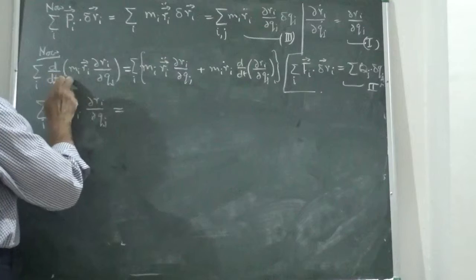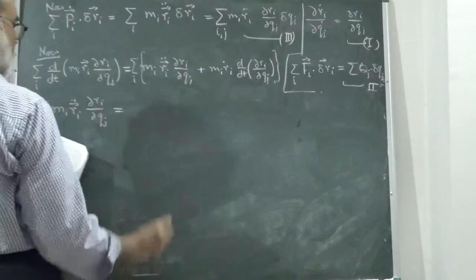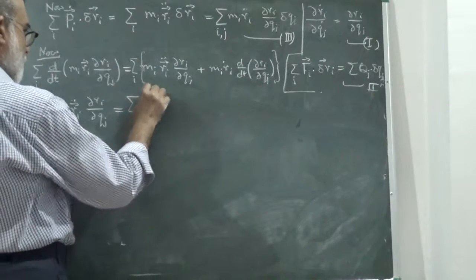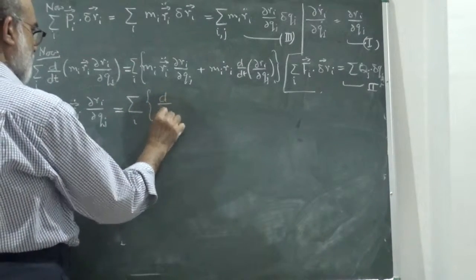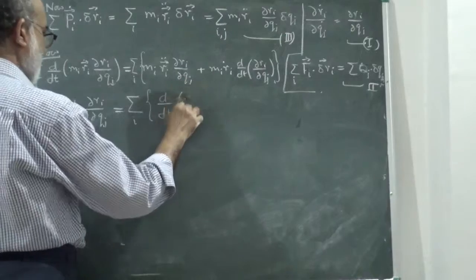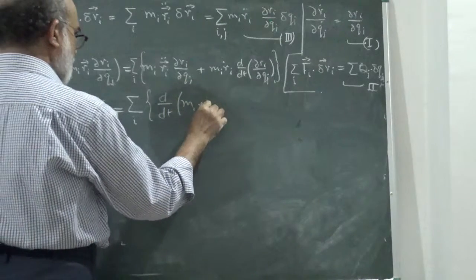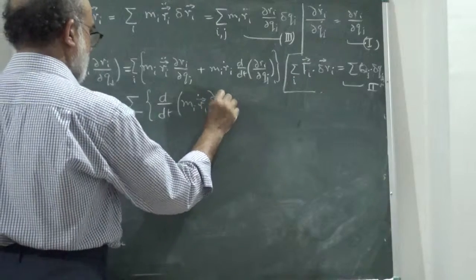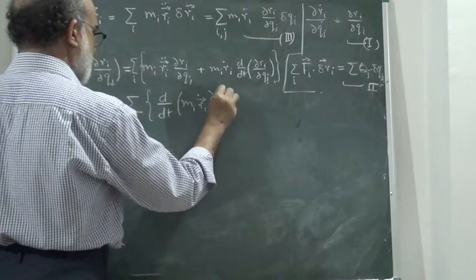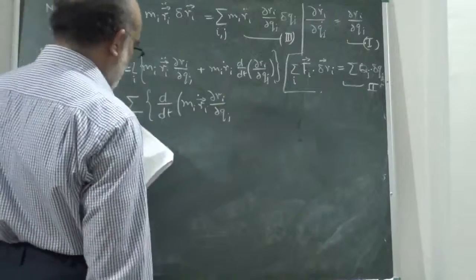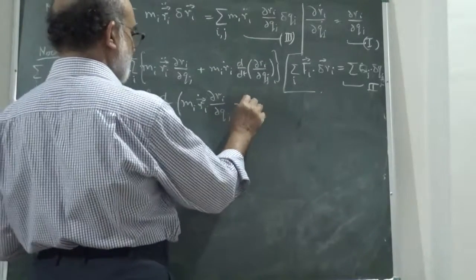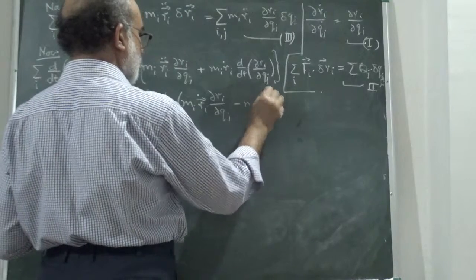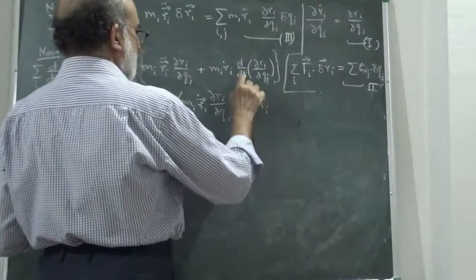This minus this, so this will be d by dt of Mi Ri dot delta Ri by delta Qj, minus Mi Ri dot d by dt.